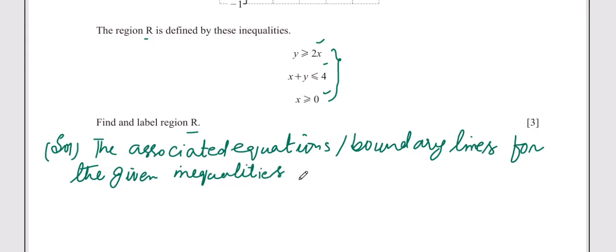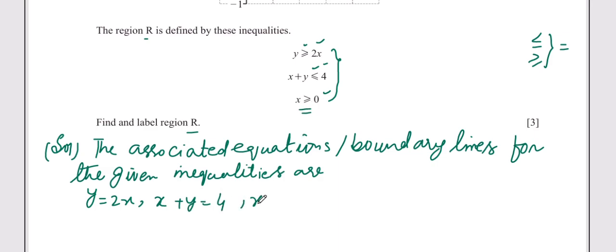To find the associated and boundary lines for the given inequality, you have to just replace the less than or equal sign, greater than or equal sign with an equal sign. So when you replace this greater than or equal sign with equal, your first line becomes y equal to 2x. When you replace the sign here, this inequality gives the equation x plus y equal to 4, and this gives x equal to 0.